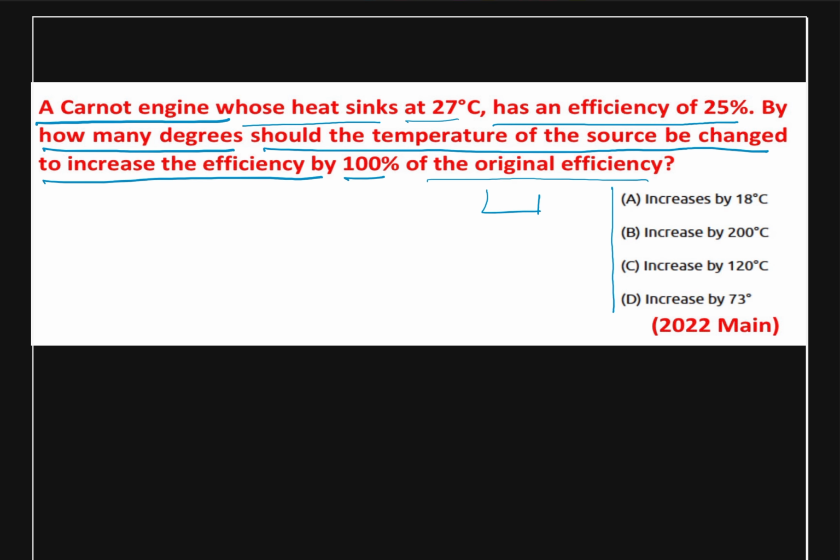We have a source that is going to provide heat for our engine, and on the other side we have a sink, and the engine is going to do some work. It says that the sink is at 27 degrees and the efficiency is 25%.